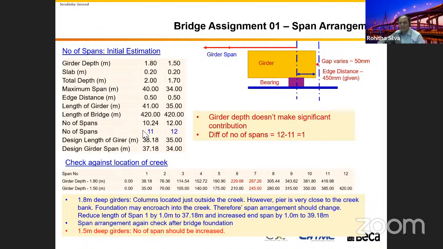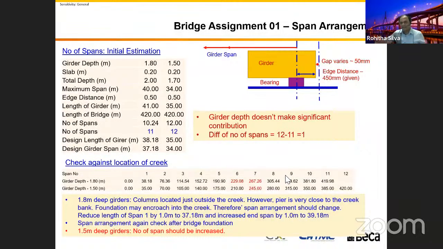If I have 11 spans, the span length, the design girder length including this gap, becomes 38.18. 420 divided by 11. That one hasn't changed, so you can see for 1.8 meter deep girder, the 41 meter length is all of a sudden reduced to 38 meters, by about 2.2 meters.